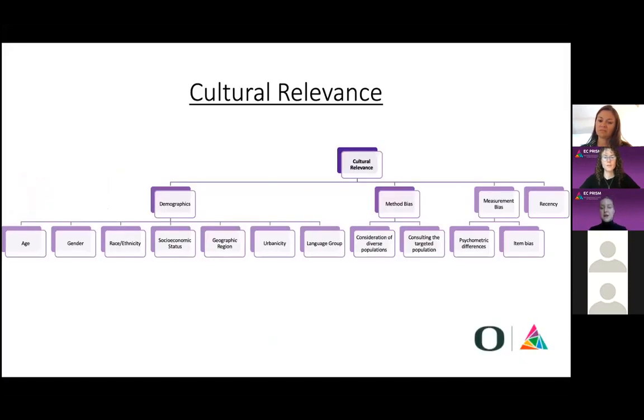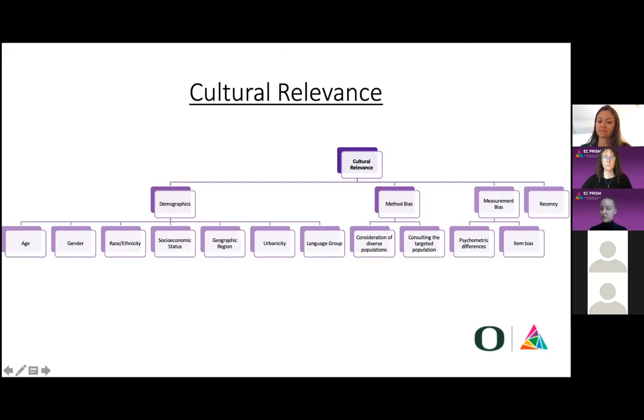So this slide shows the cultural relevance scoring buckets, the 7 dimensions of the demographics and all those different categories we look for in terms of who the measurement was tested on. Then for the method bias, we have 2 forms of method bias and the process of the developers in terms of who they consulted and who they considered when they were designing the population.